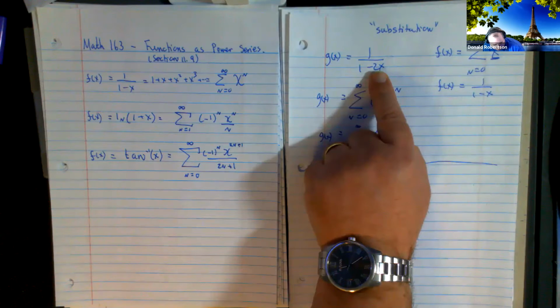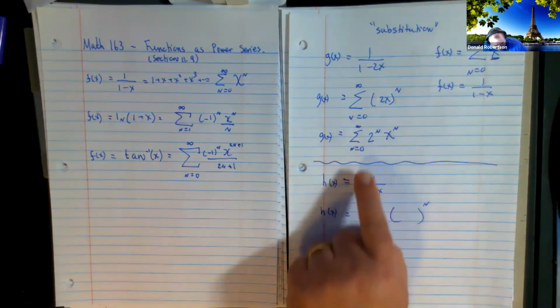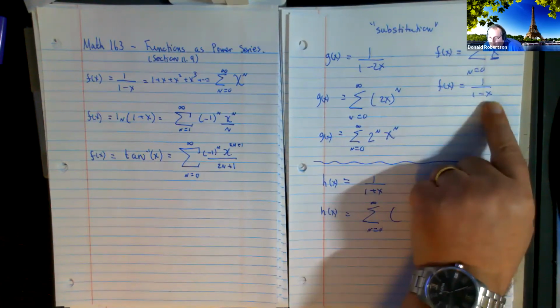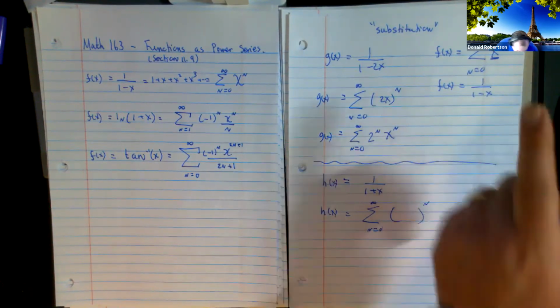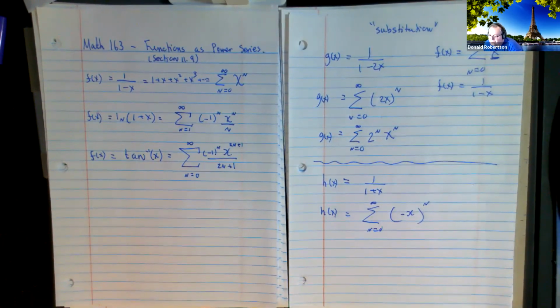One minus 2x, the x gets replaced by a 2x. 1 plus x, 1 minus x. Negative 1x. Agreed? And make that look pretty.